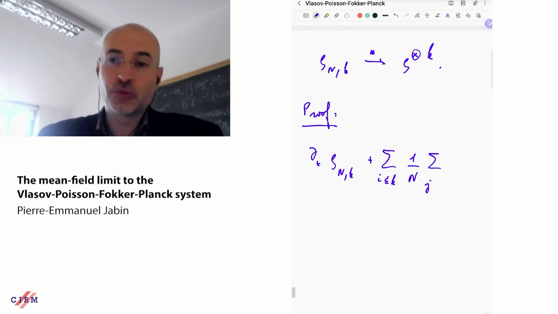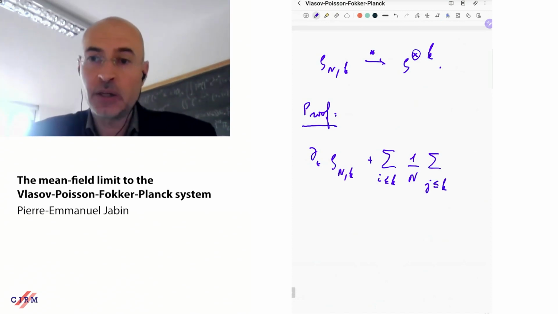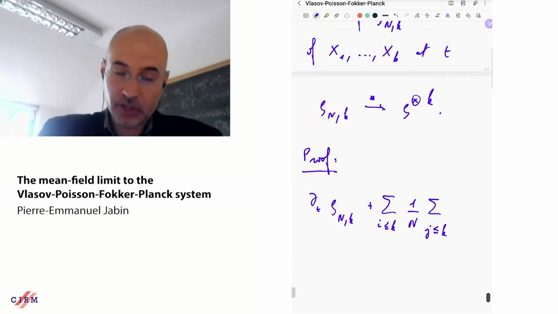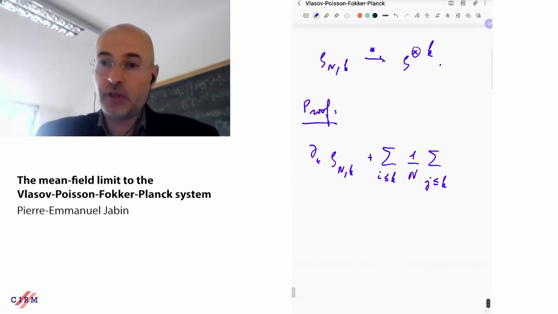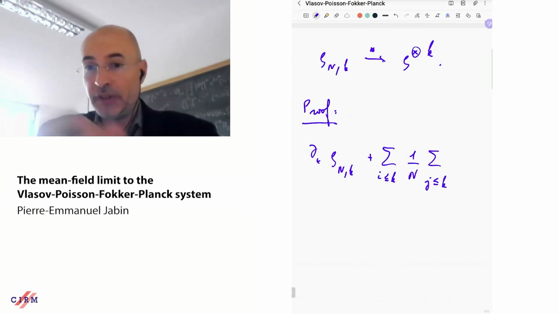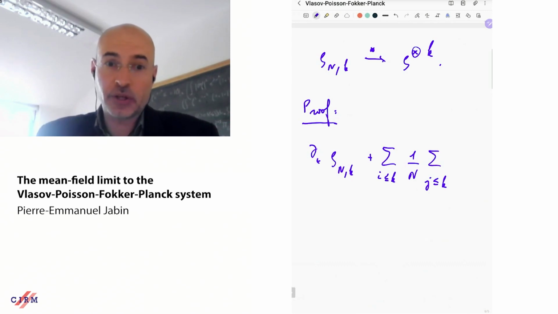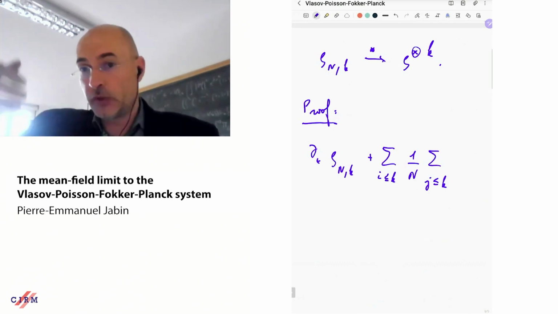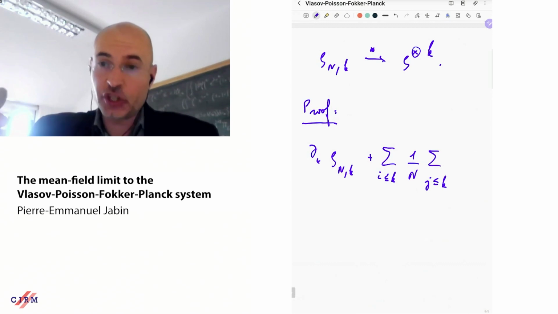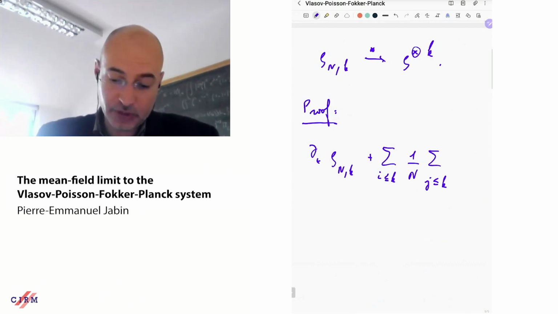And you have two interaction terms. Because now you're considering a particle i from the x1, ..., xk in rho^k, and then everything depends on whether this particle i will interact with a particle j which is also in x1, ..., xk, or with xj for j strictly larger than k.